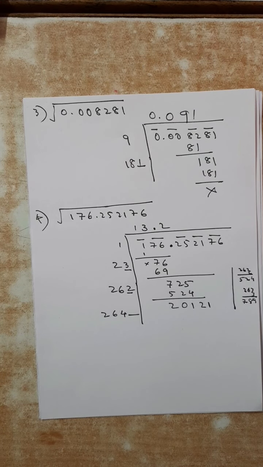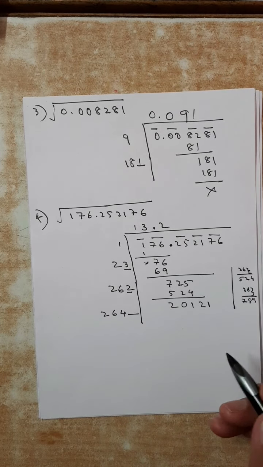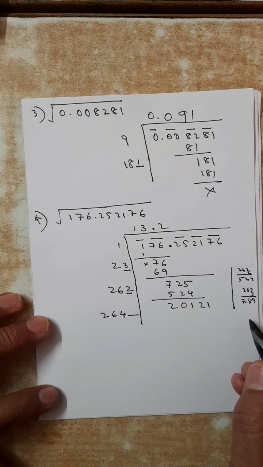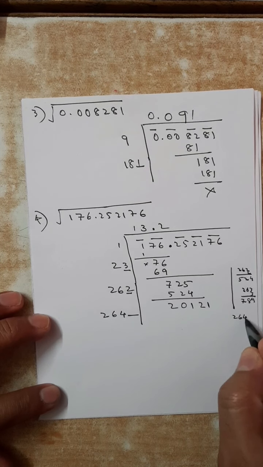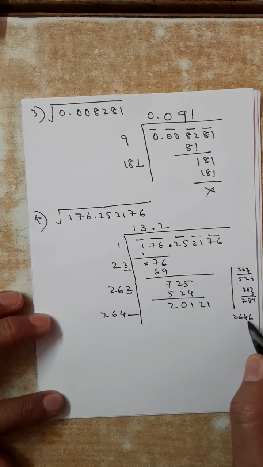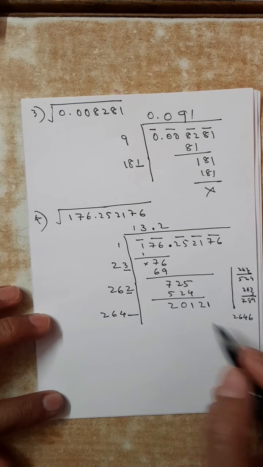Now we have to see which number will go. With the 264, which number we can write? It is only rough work, children. Simply we are trying 2, 6, 4, 6. 2 6s are 12.